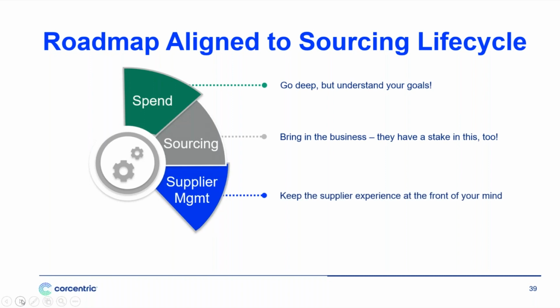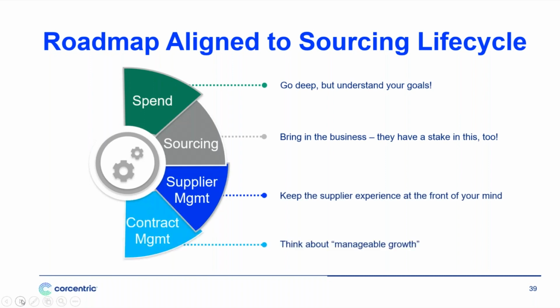So, another thing to think about when it comes to upstream technology selections is where to start. And Andrew talked about this a little bit. What's the right starting point for upstream? In my mind, I often tell customers to start with spend. The reason for that is because it informs all the rest of these things.